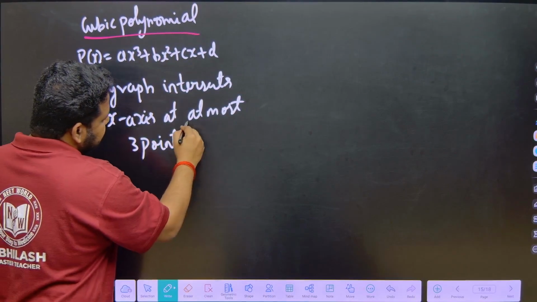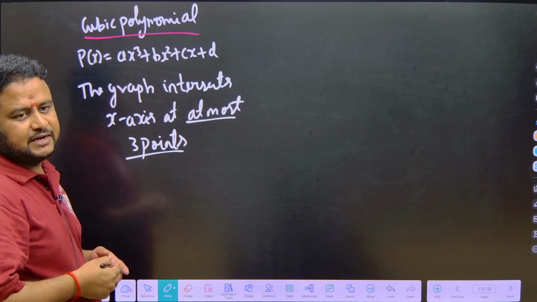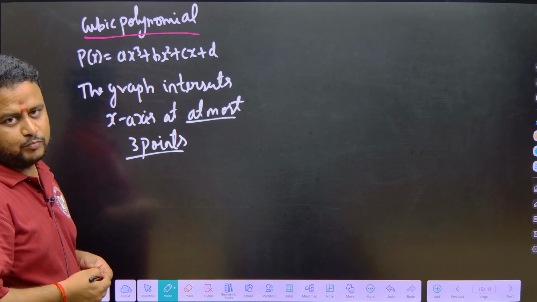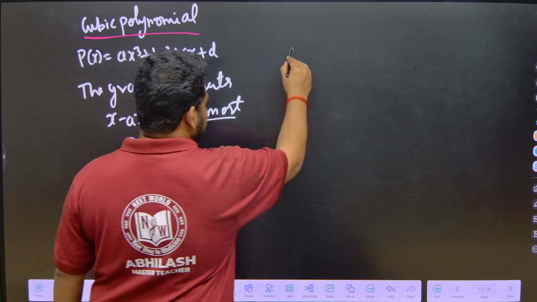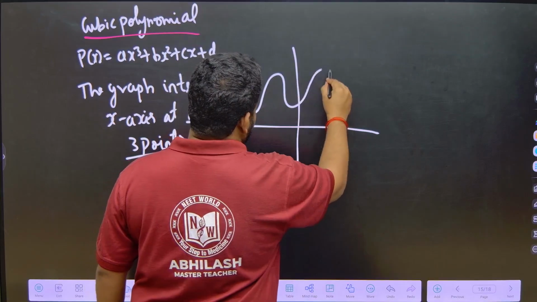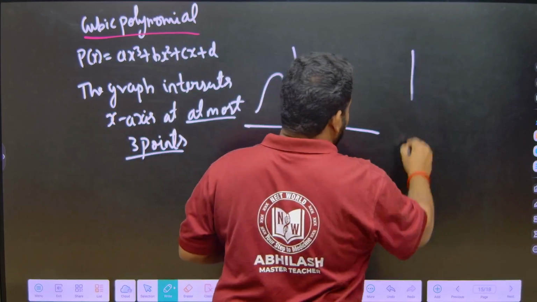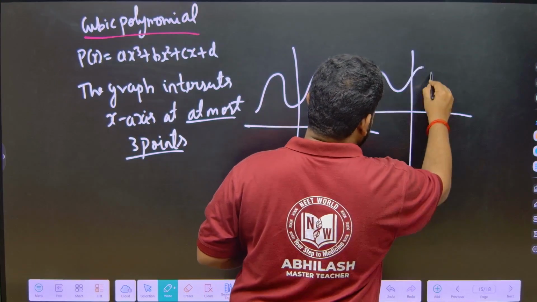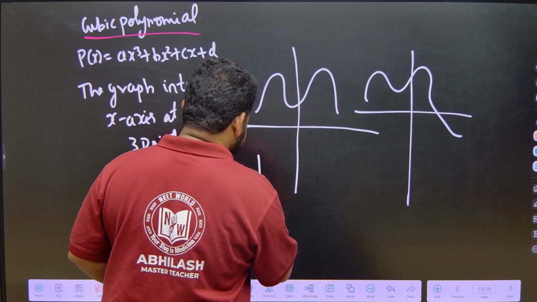I am not telling exactly, I am telling at most, because it may not intersect also. It may intersect at 1 point, or at 2 points, or at 3 points. At most 3 points. So see here, this is a cubic polynomial. Here it may not intersect also, so it can be 0, or it may intersect like this, at 1 point. Another thing can be, it may intersect at 2 points.